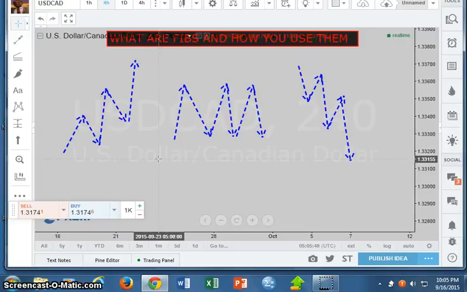Expansion means the market is moving higher, creating new structure highs, or creating new structure lows. Contraction means the market is stuck at a particular range, or range bound in a zone.